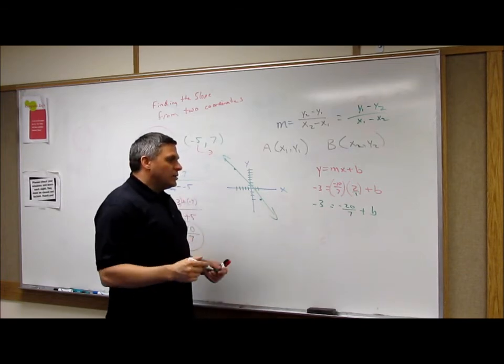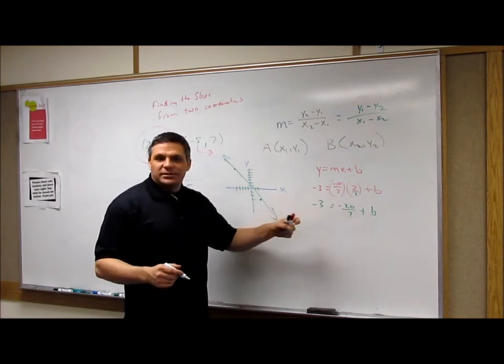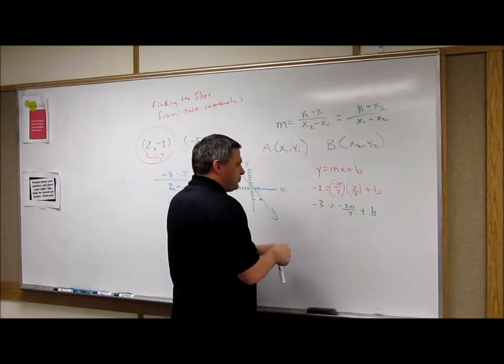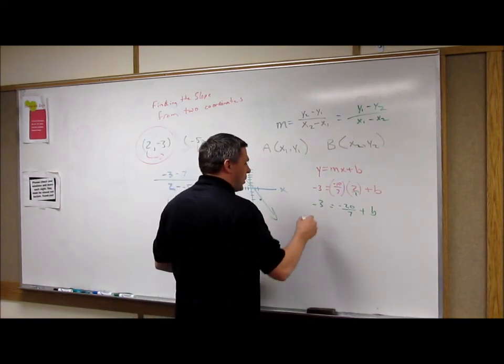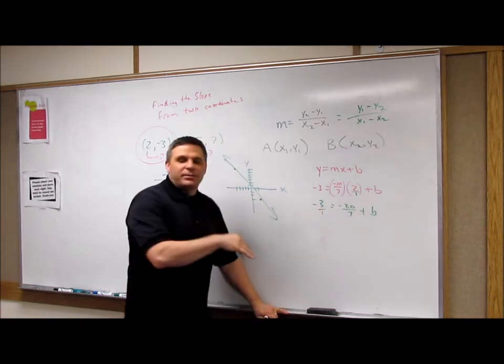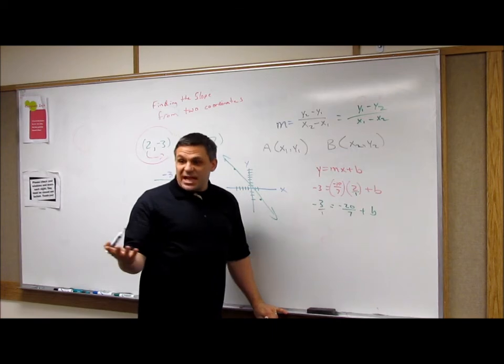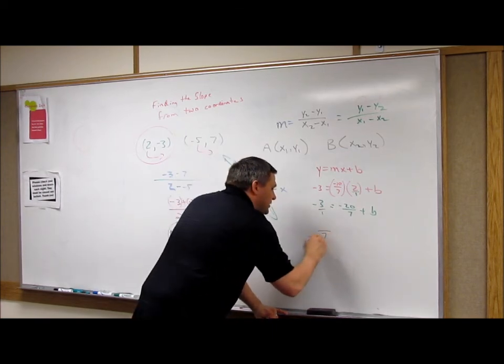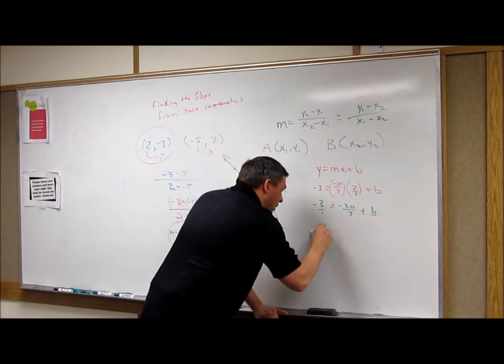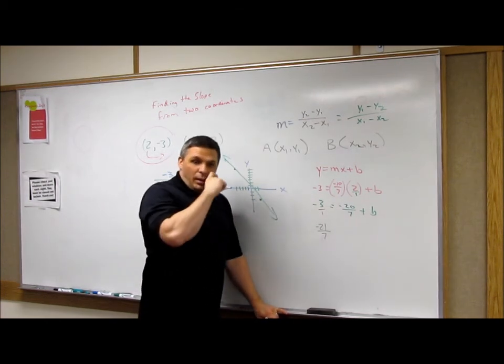Okay? Well, I'm going to add 20/7 to this. But before I do it, why don't I just make the 3 over 1, right? But then I need to make that 1 a 7. I times it by 7. I got over 7. 3 times 7 is 21. And it's negative, right?